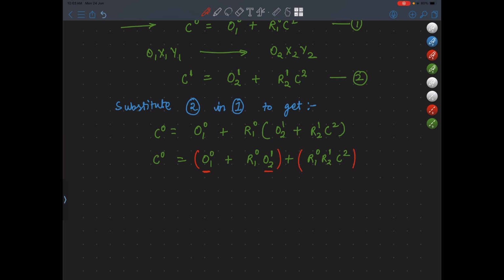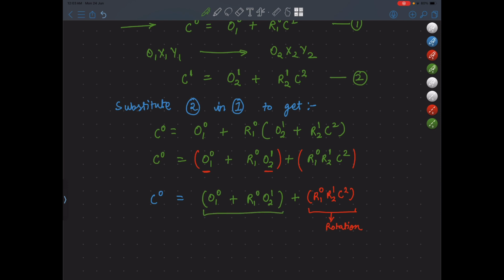So if we write it properly, C naught equals O1 naught plus R1 naught O21, plus R1 naught R21 C2. So the first part is translation and the second is rotation.